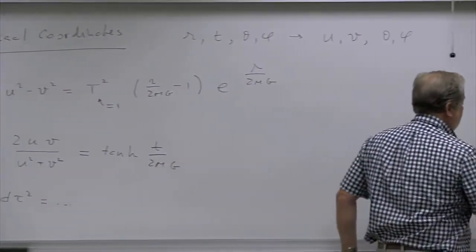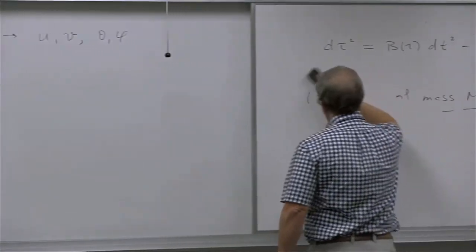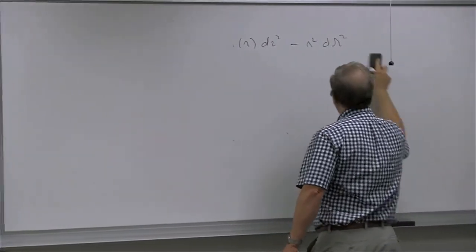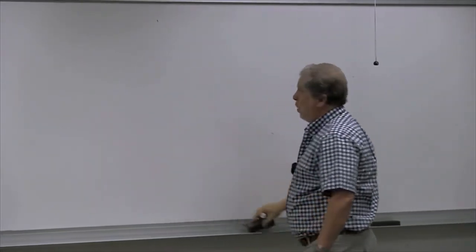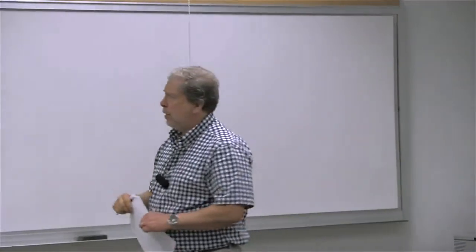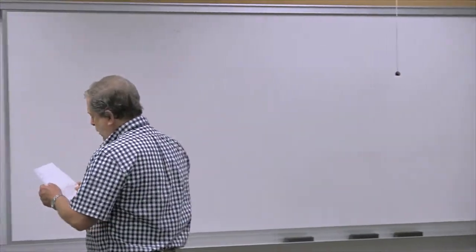So what one finds, and there is a very nice discussion of this in Jim Hartle's book, is that you can actually solve explicitly for u and v, except you get different solutions depending on whether you're inside or outside the horizon.